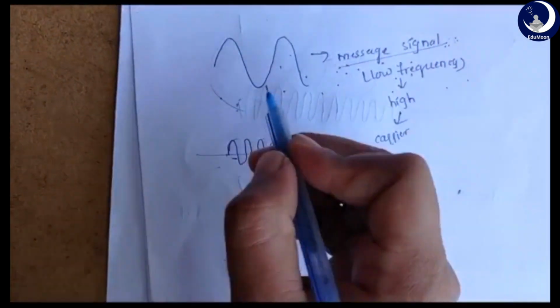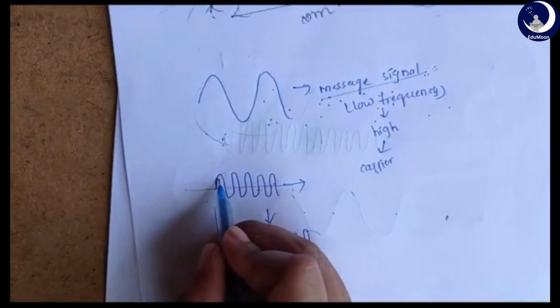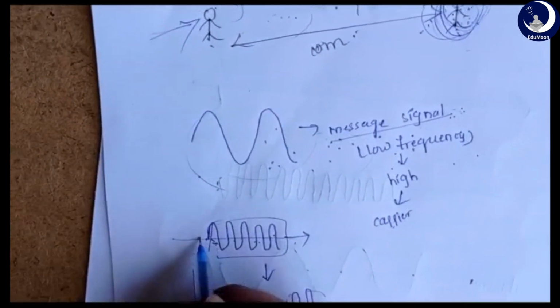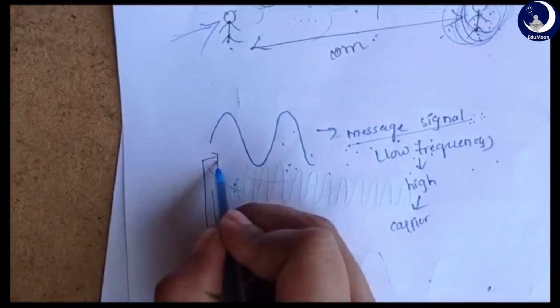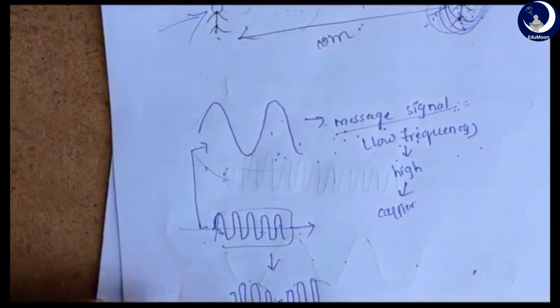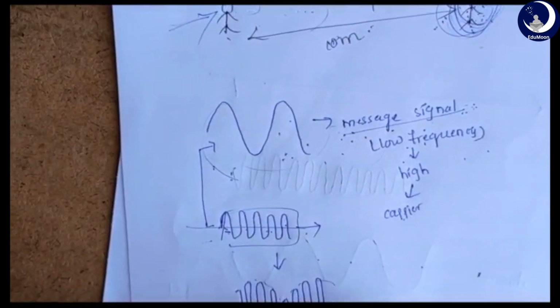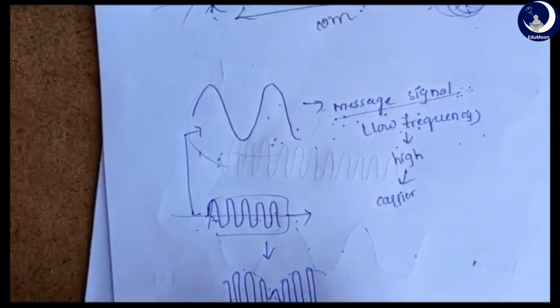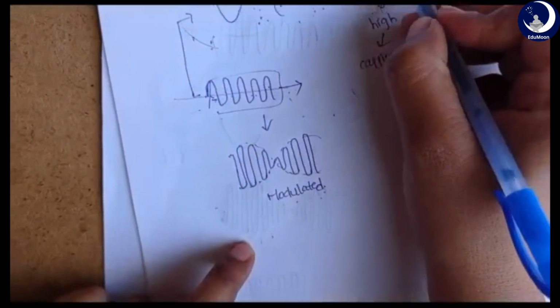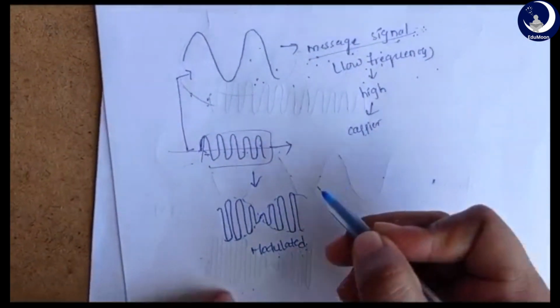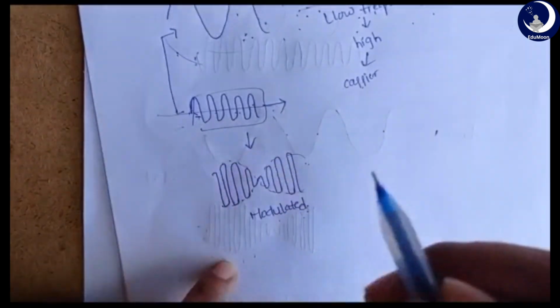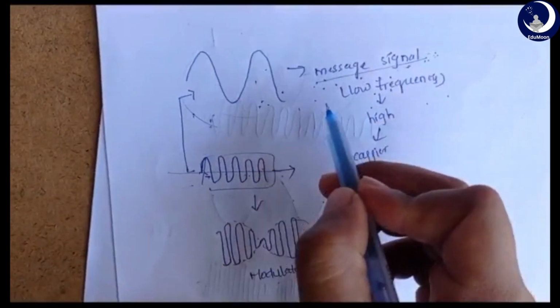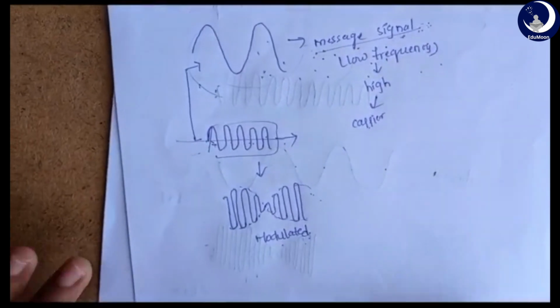So this is modulation. Modulation is changing the characteristics of a carrier signal with respect to the message signal and getting a modulated wave. This is the message signal. The same message is transmitted here, but the slight change is that here it is low frequency, and here it is high frequency.